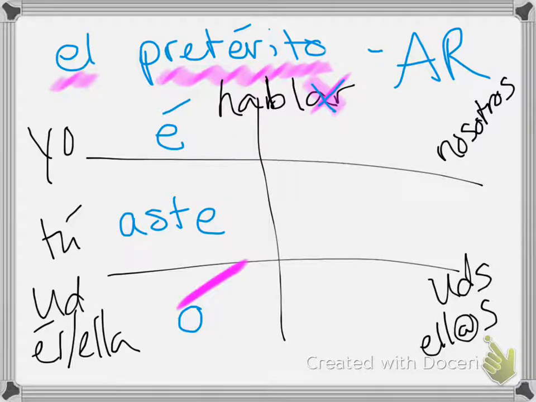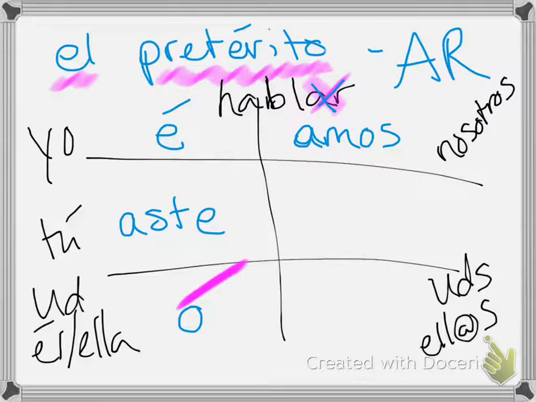Nosotros, get ready for it, is amos. So it's exactly the same. In the pretérito and in the presente, it's exactly the same. Hablamos y hablamos. So the only way we're going to know is based on context clues, right? If everything else I've said is in the past, then this would be in the past too. Hablamos.